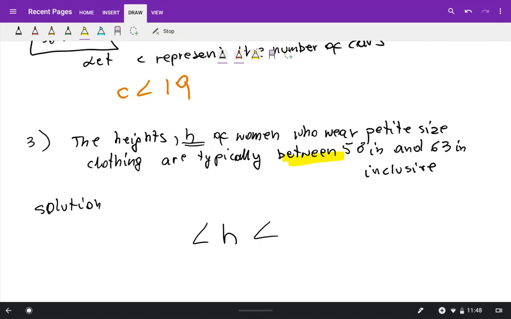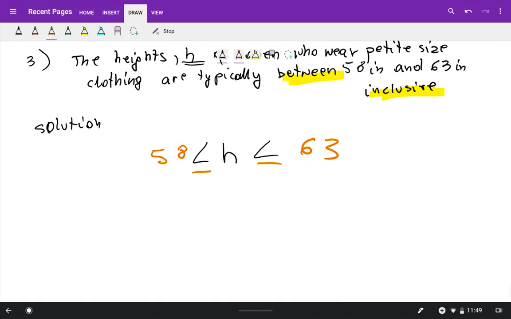But we're also talking about the word inclusive, so we're including, starting from 58 inches exactly, finishing on 63 inches exactly. So that means we'll have the equal sign also. So it's between 58 and 63, including 58 inches and 63 inches.